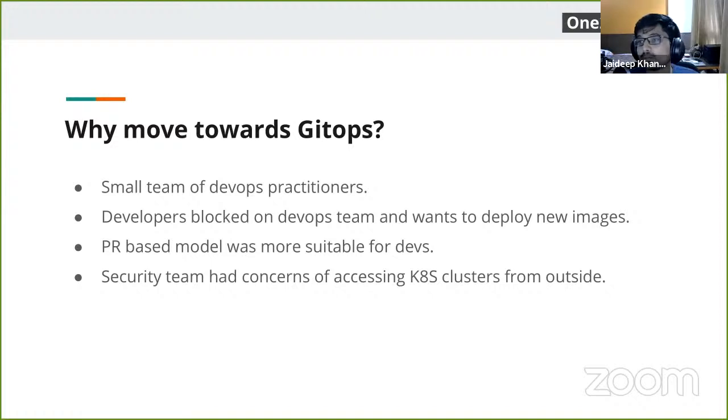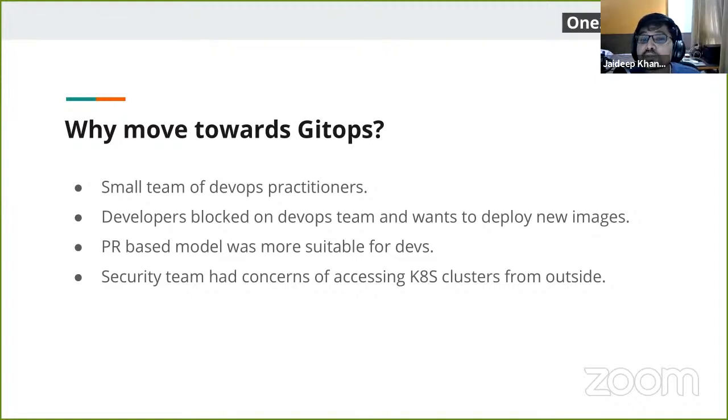It was a Helm upgrade or a kubectl apply, but developers didn't have that skill set in their armor at that point of time. So GitOps made more sense. Just operate on Git and you will be able to push all these things to your Kubernetes cluster, at least on the test and QA environments. So developers were always blocked on the DevOps team when they wanted to deploy new images.